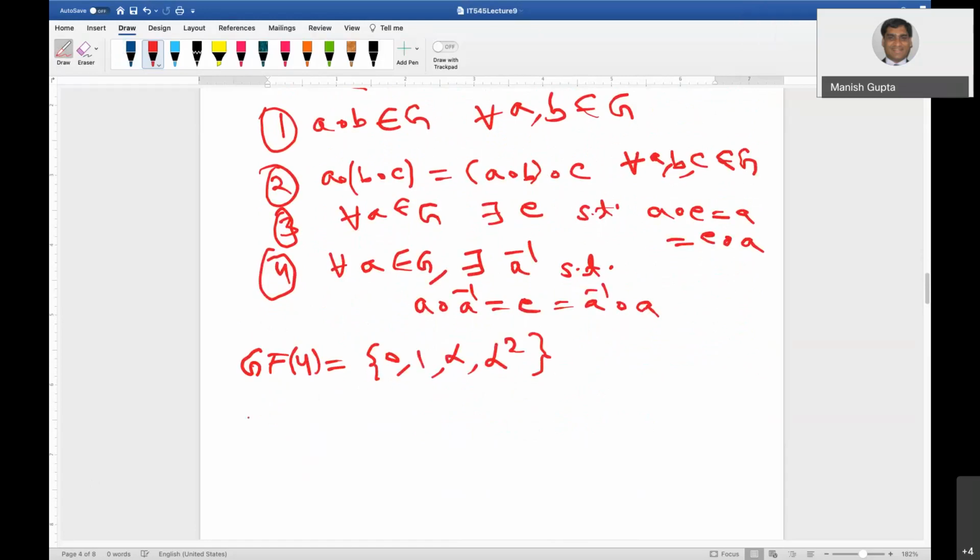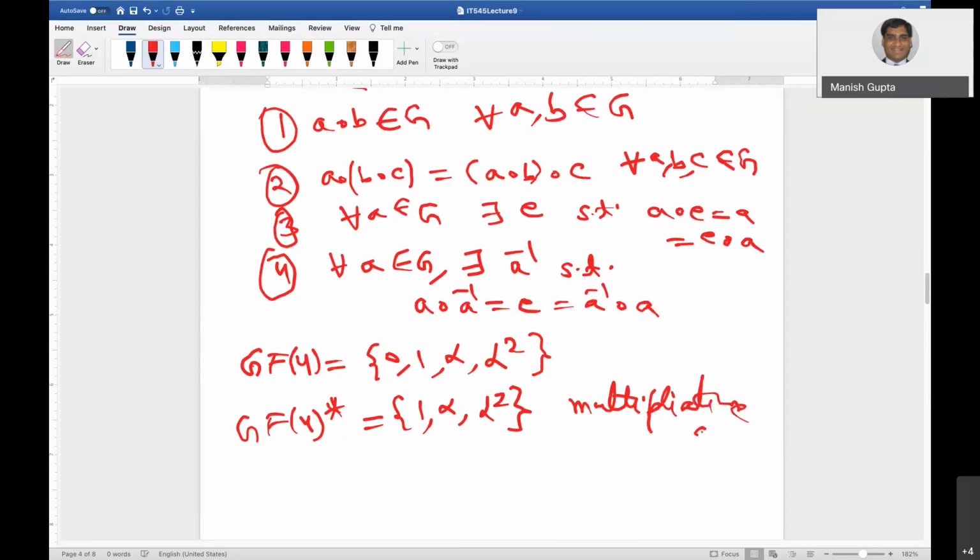So if we form GF4 star, this is 1, alpha, alpha square. So this set is a multiplicative group. With respect to multiplication, you can see that we can form the table. You might remember the table that we made earlier. So this is a multiplicative group.